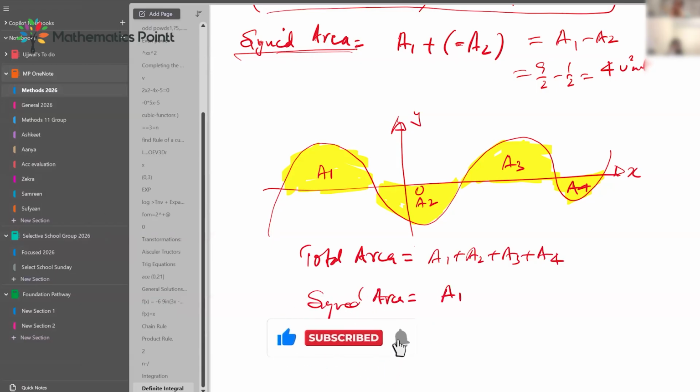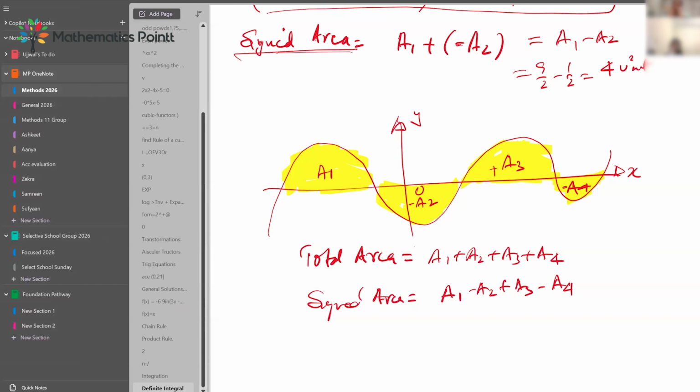A1 is positive, A2 is negative, A3 is positive, A4 is negative. That is my signed area. So that's the basics of how the total area and signed area work together.